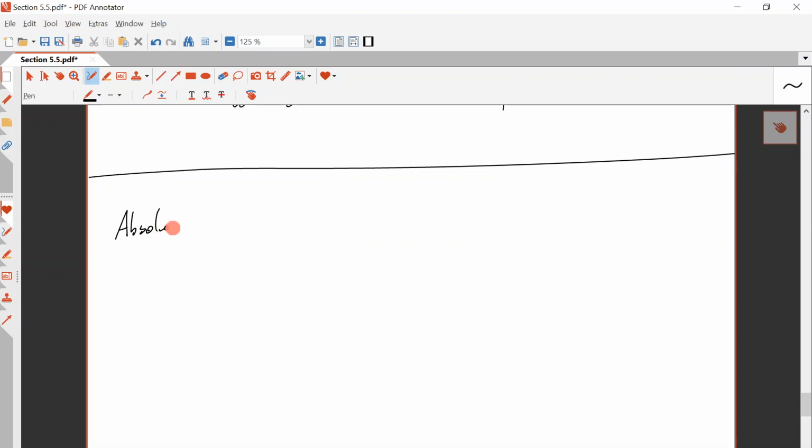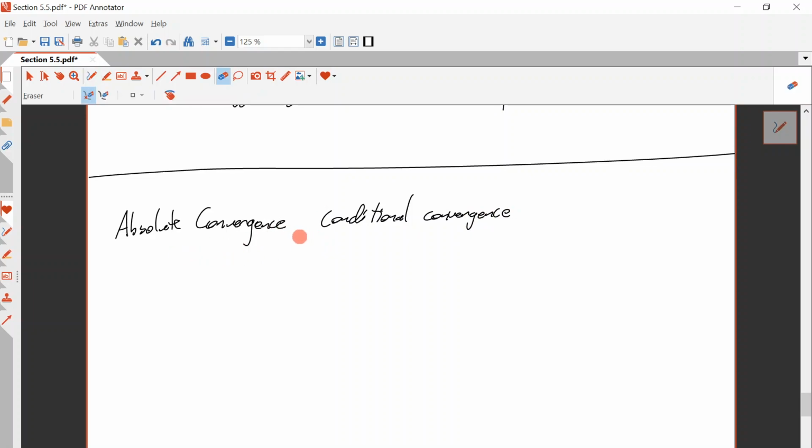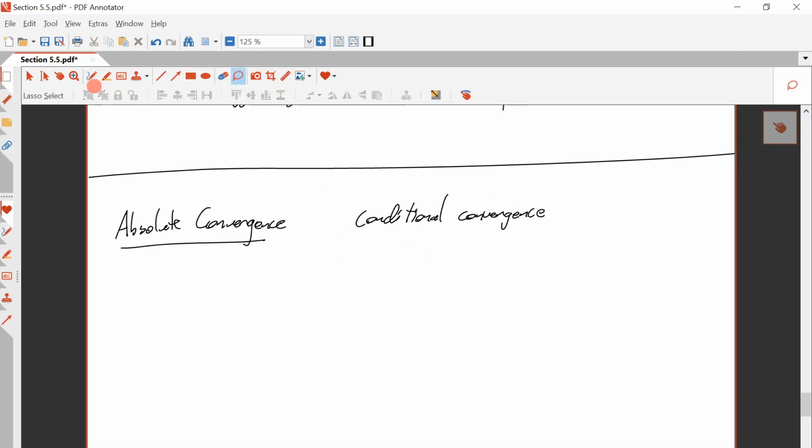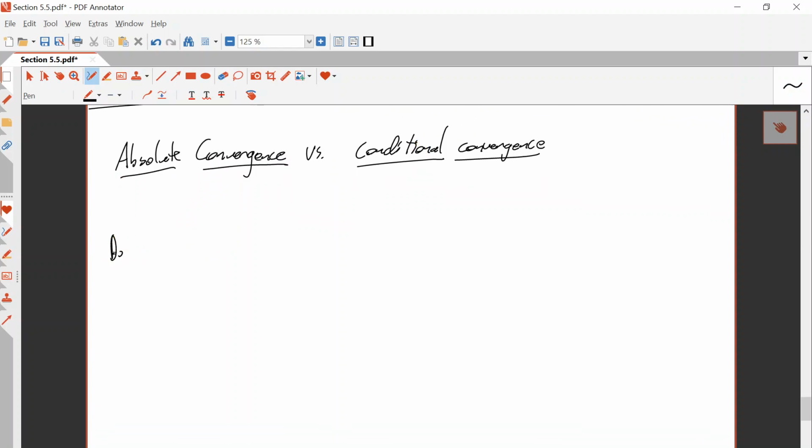So absolute convergence, conditional convergence, so absolute convergence, I guess, versus conditional convergence. So definition.